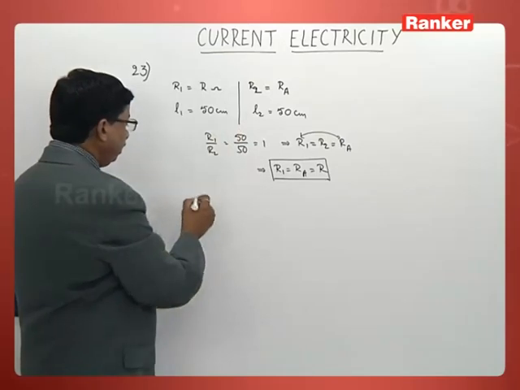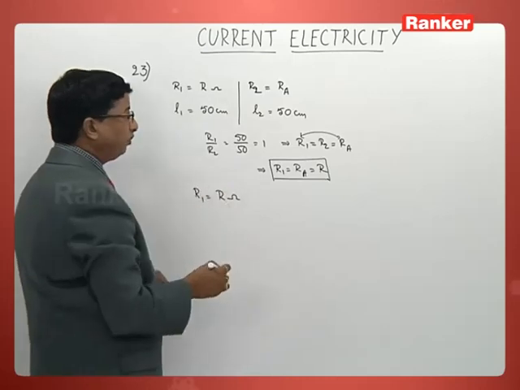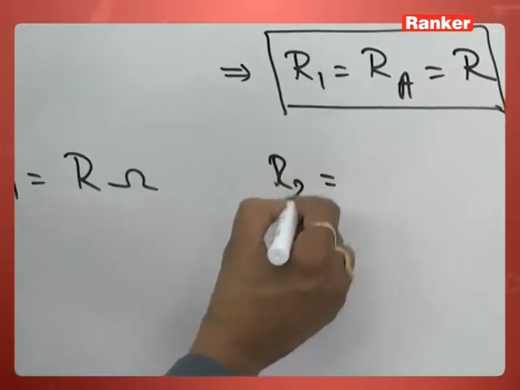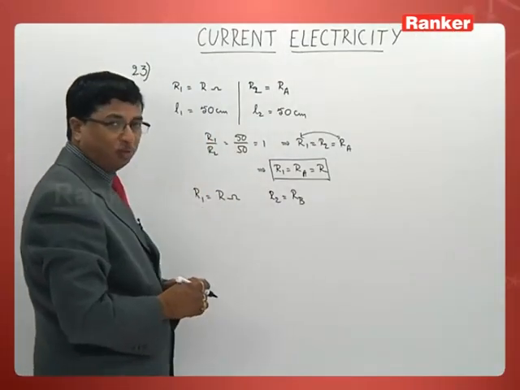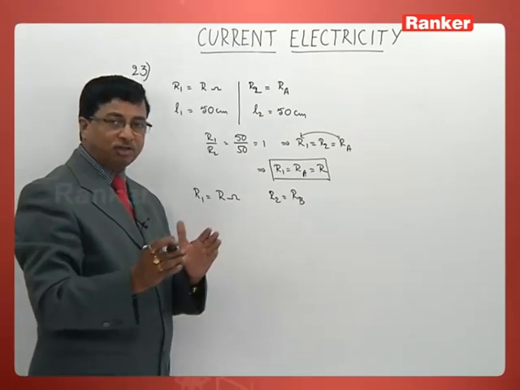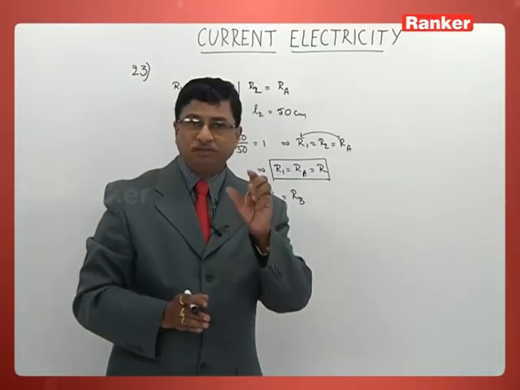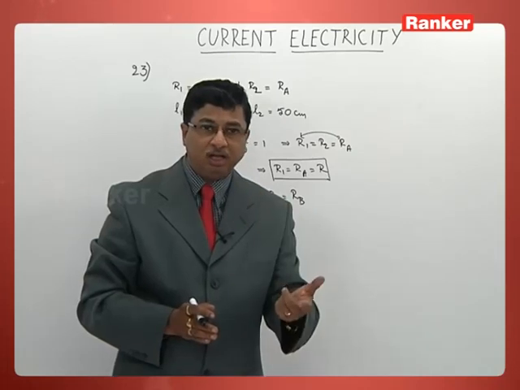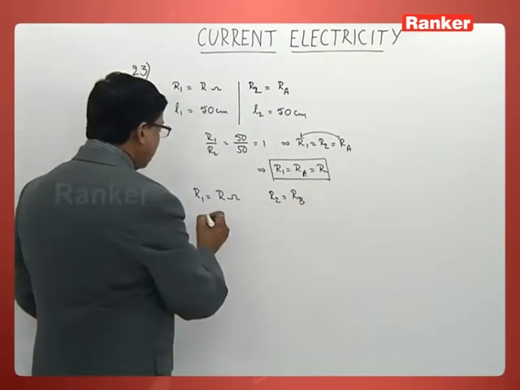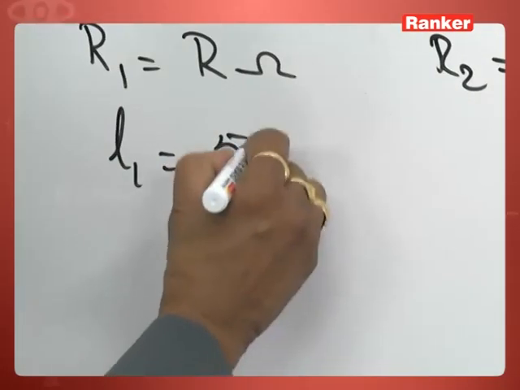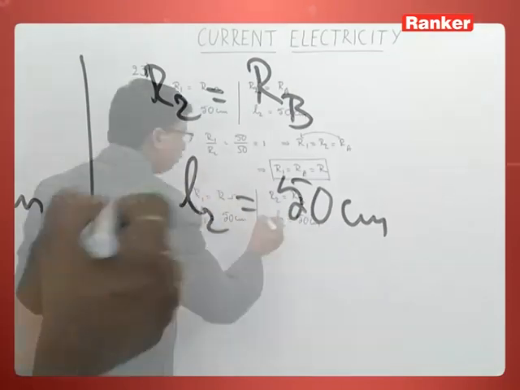Now what else is he talking about? Once again, in the left gap the same resistance is continued. In the right gap of the meter bridge, another resistance, which is RB, is connected across now. What are this A and B? A is the first wire or conductor, B is the second conductor. I am considering the resistance of the first conductor as RA and the second conductor as RB. Once again he said we get the same balance length, that is L1 is 50 centimeter means L2 also will be 50.